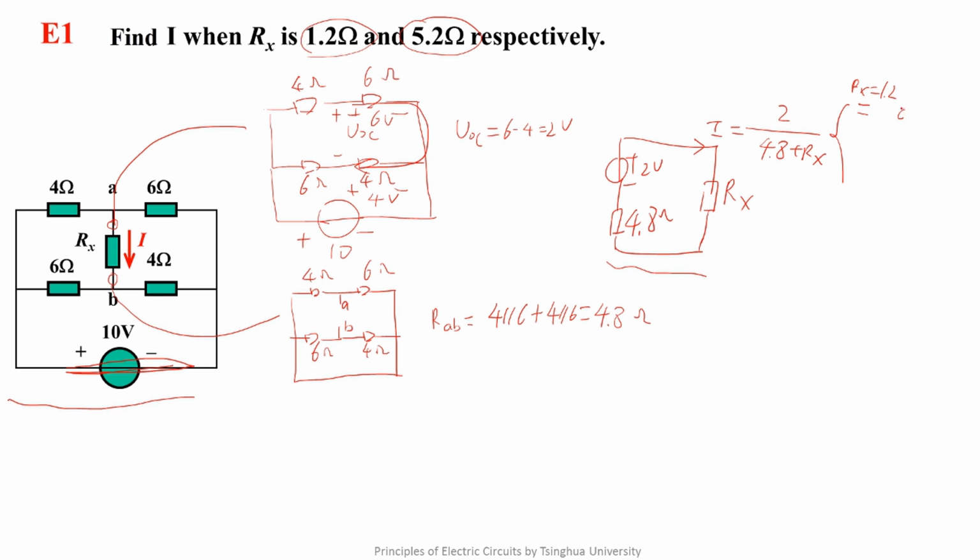When Rx is 5.2 ohms, the corresponding current is 0.2 ampere. You can see, after we get the Thevenin equivalent circuit, it's convenient for solving some branch voltage and current when its branch resistance is changed. This is the first application of the Thevenin theorem.